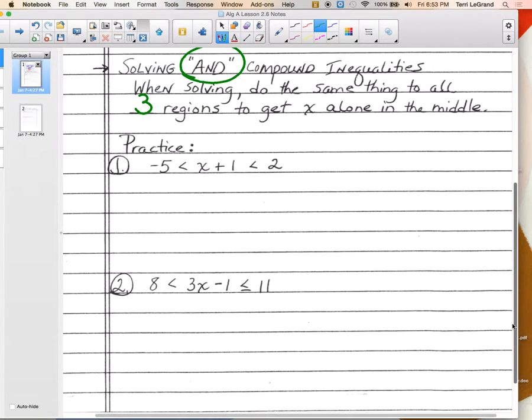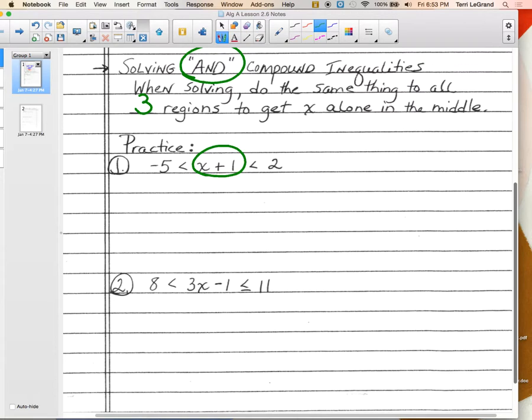Here's an example of an "and" compound inequality: -5 < x + 1 < 2. Reading it from the inside out, x + 1 is greater than -5, and it's less than 2. It has to satisfy both of those.